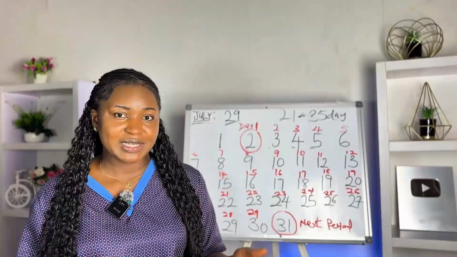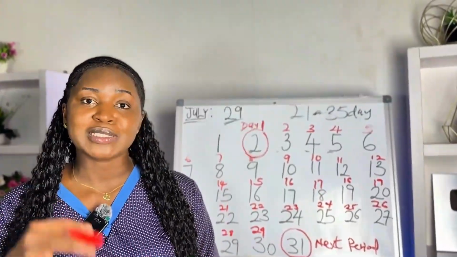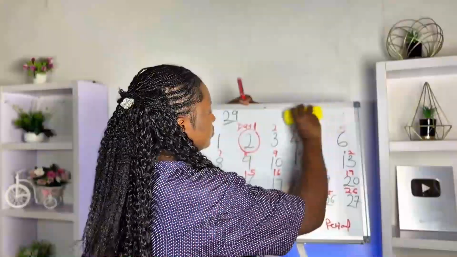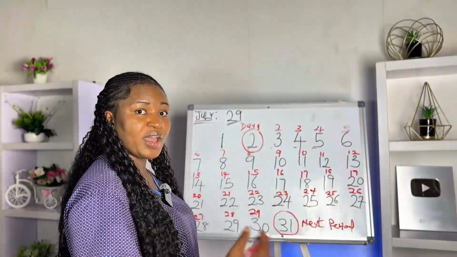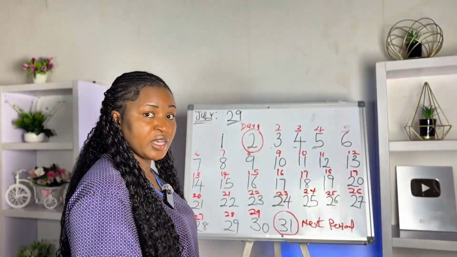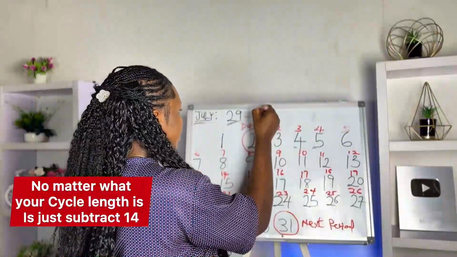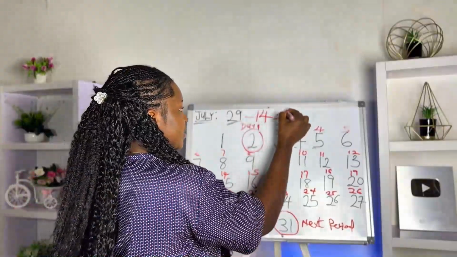Whatever your cycle length is, be it 21, 25, 35, all you have to do is subtract 14 from your cycle length. So for this our 29-day cycle length, all we have to do to get our ovulation day is to subtract 14. So what we're going to get is 15.